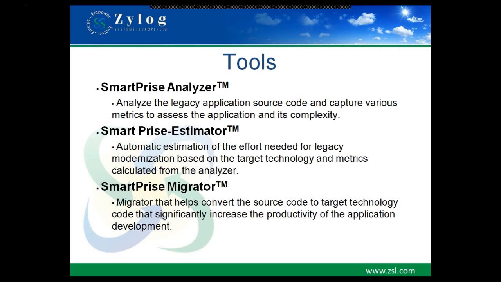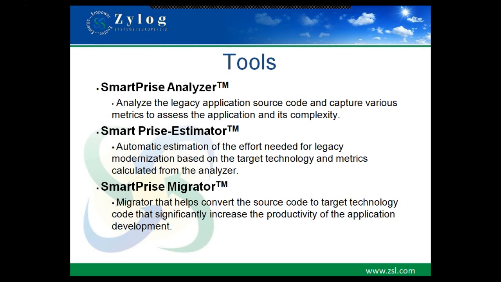So over time we have built analyzers which scan the source code and collect various metrics that quickly identify different aspects of the application, its integration points, its capabilities, so that our resources can look into the source code, if more information is needed manually, and focus on the right areas. That's what Smart Price Analyzer does.